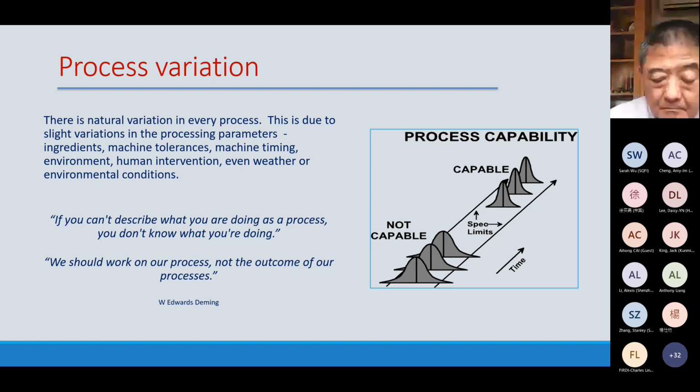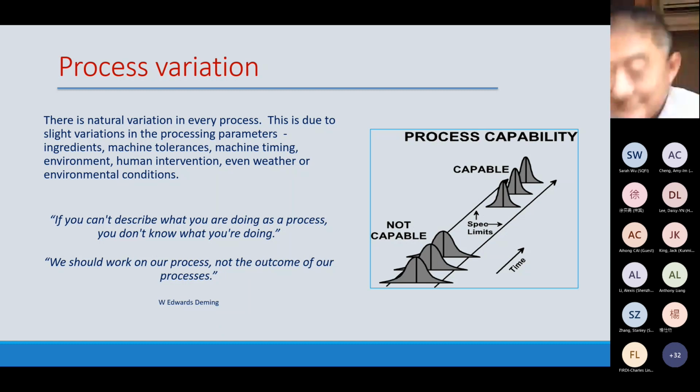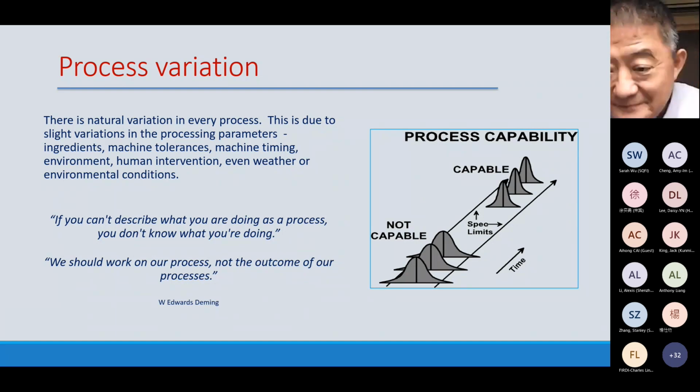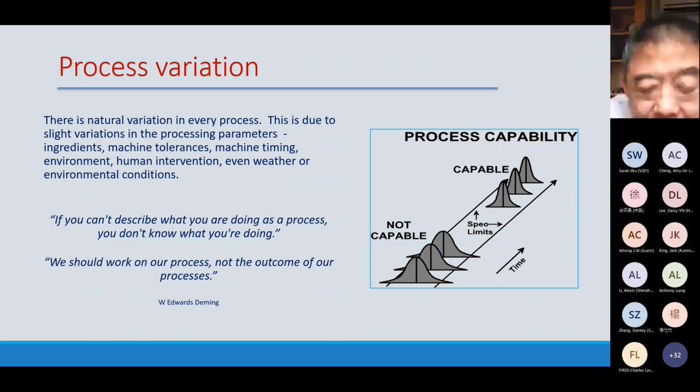This is due to slight variations in processing parameters and ingredients, in machine tolerances, in machine timing, in environment and human intervention, sometimes even weather or environmental conditions. And some argue in the food industry that we have got natural raw materials, therefore we're naturally going to get process variation. But we can take a lot of steps, a lot of measures to reduce and minimize that process variation.